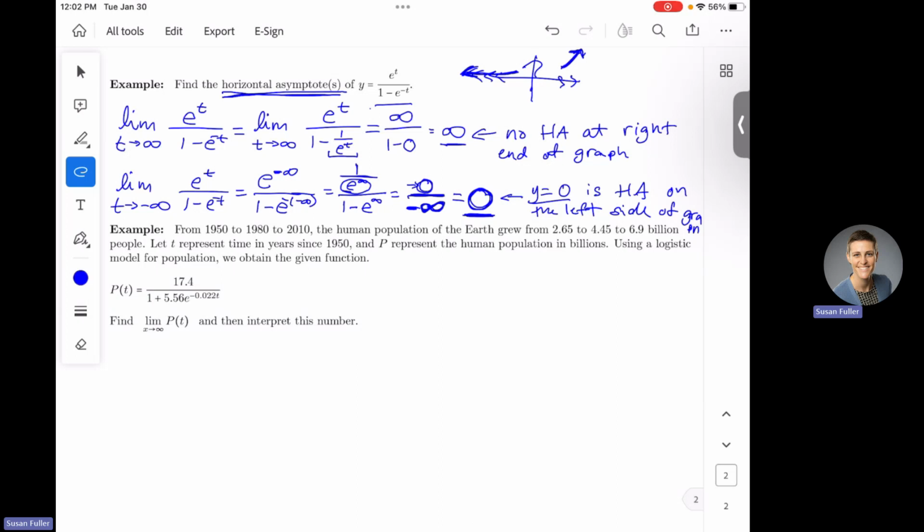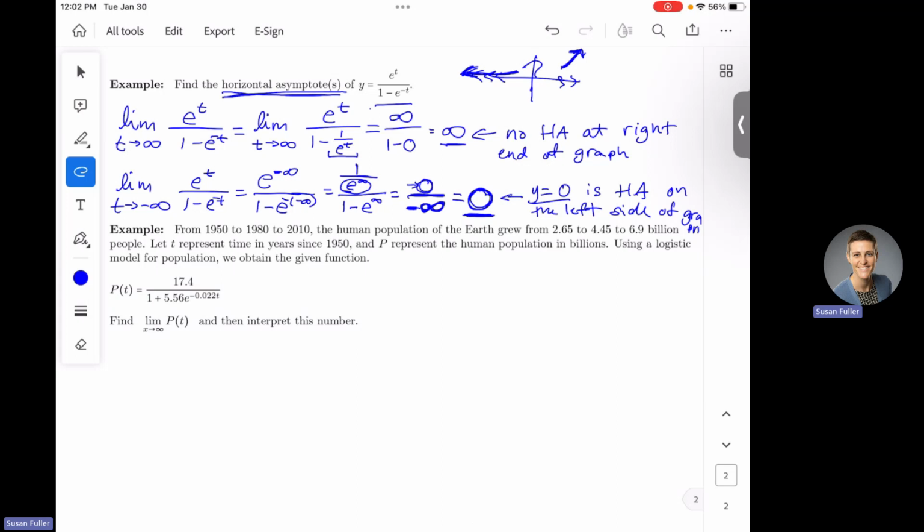Okay, last one. From 1950 to 1980 to 2010, the human population of the Earth has grown from 2.65 to 4.45 to 6.9 billion people.